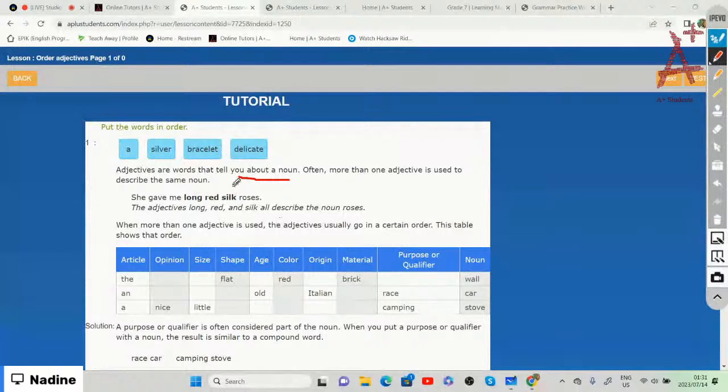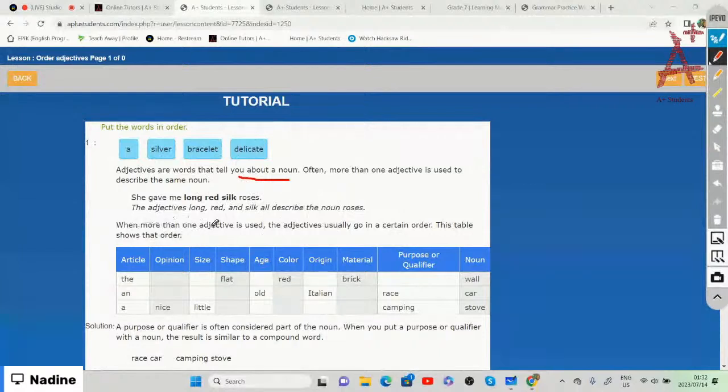That is how this person is describing the roses they got. It was long, it was red, and it was silky. So the adjectives long, red, and silk all describe the noun roses.